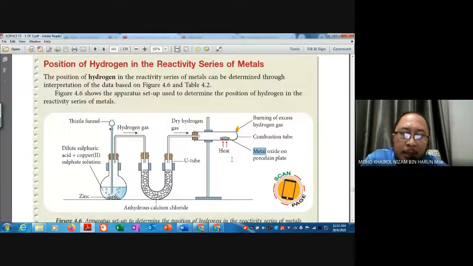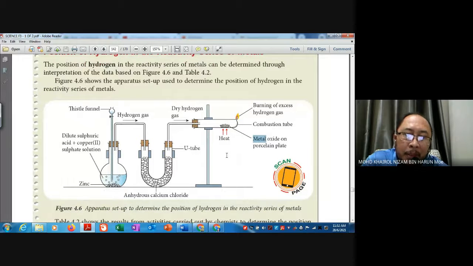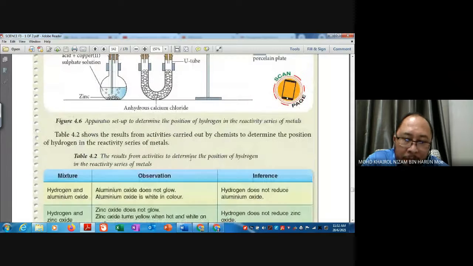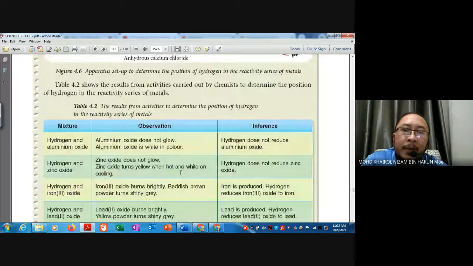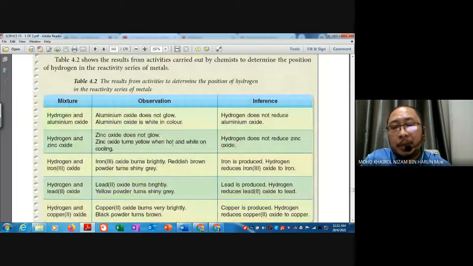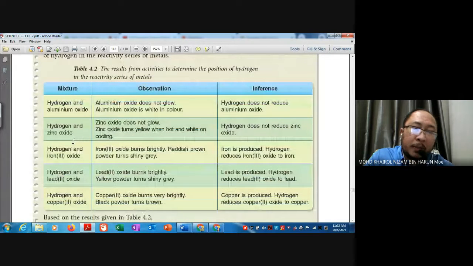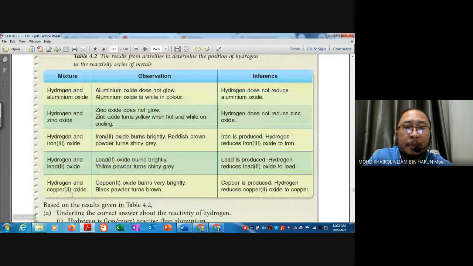Position of hydrogen in the reactivity series of metal. Based on this experiment, we have the observations concluded here. You only have to remember these five. For example, the observation given here.